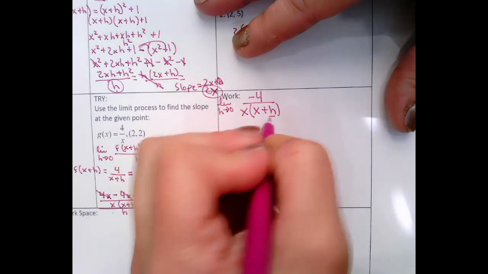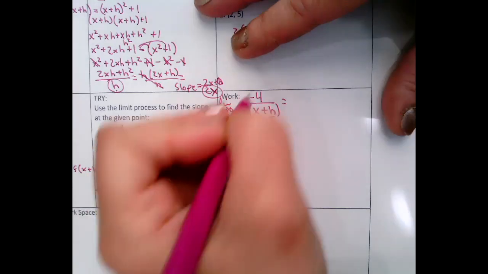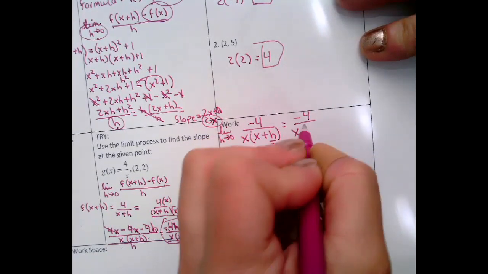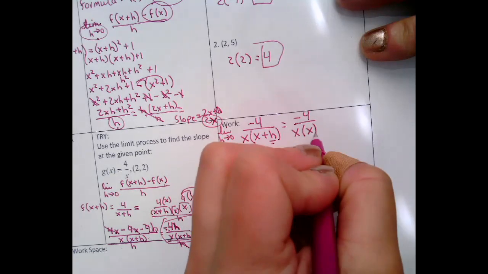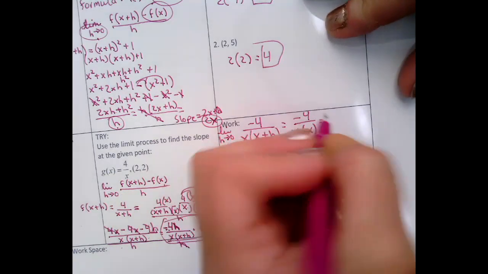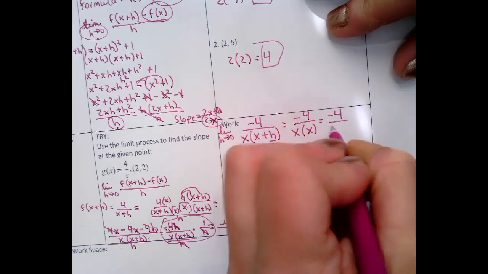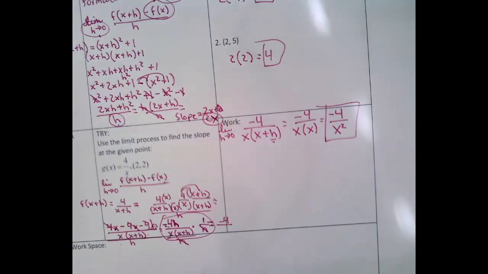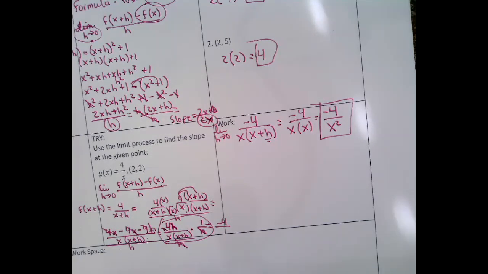Now this one's okay because there's other stuff down here, right? So I'm going to have negative 4 over x times x plus 0, which is x, which gives me my slope is negative 4 over x squared. Okay, so that's my slope equation.